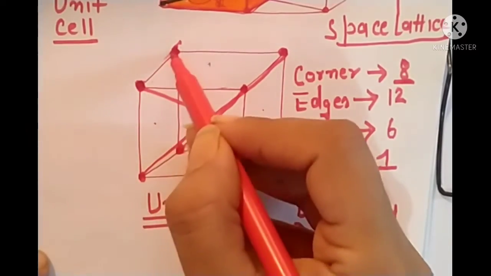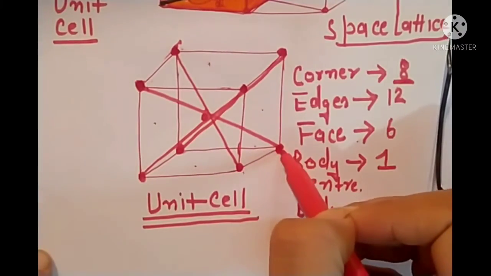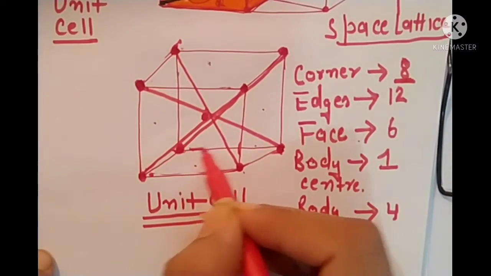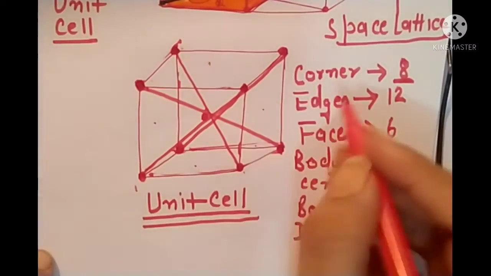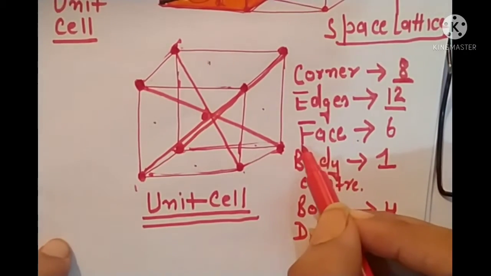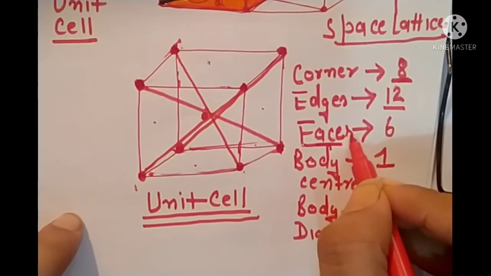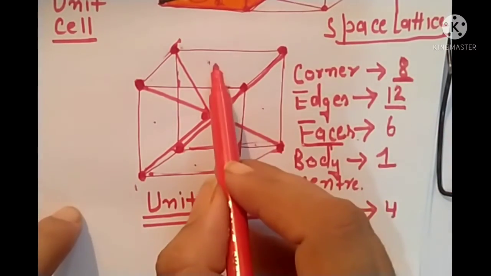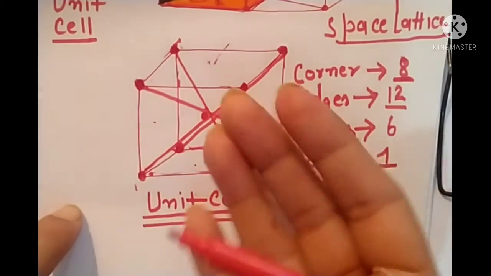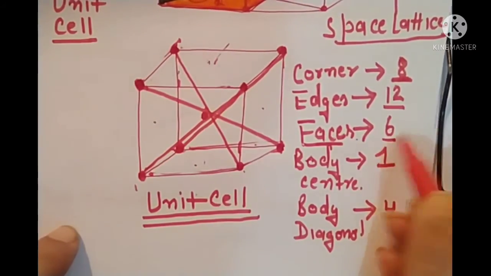So this is 1, 2, 3, 4, 5, 6, 7, 8, 9, 10, 11, 12. The number of edges is 12. Next we count faces. This is 1 face, 2nd face, 3rd face, 4th face, 5th face, and the front side and back side make the 6th face. So the number of faces is 6.